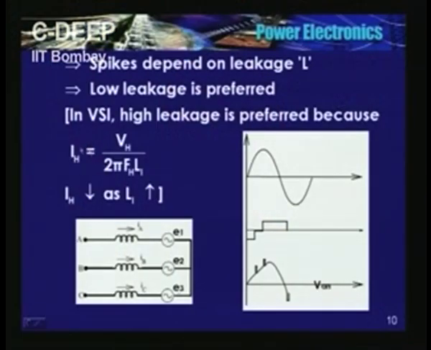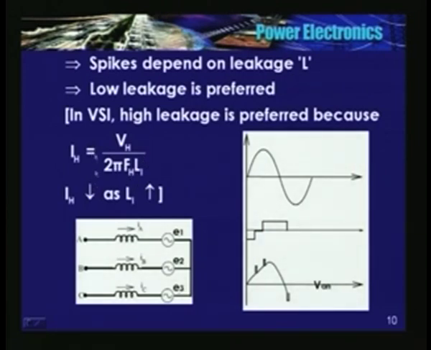See, what is the expression for the harmonic current? See, here is the expression. The magnitude of the harmonic current of a given frequency is equal to the magnitude of that particular harmonic divided by the impedance offered to that harmonic. I am neglecting the resistance now. Okay.